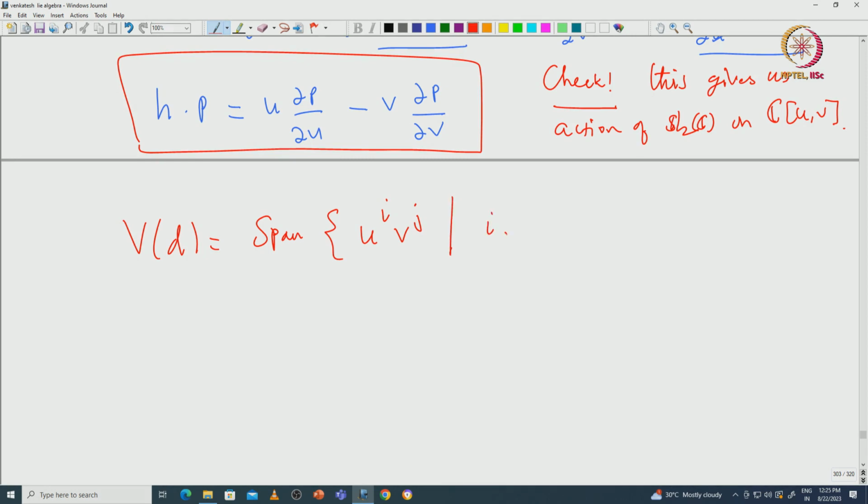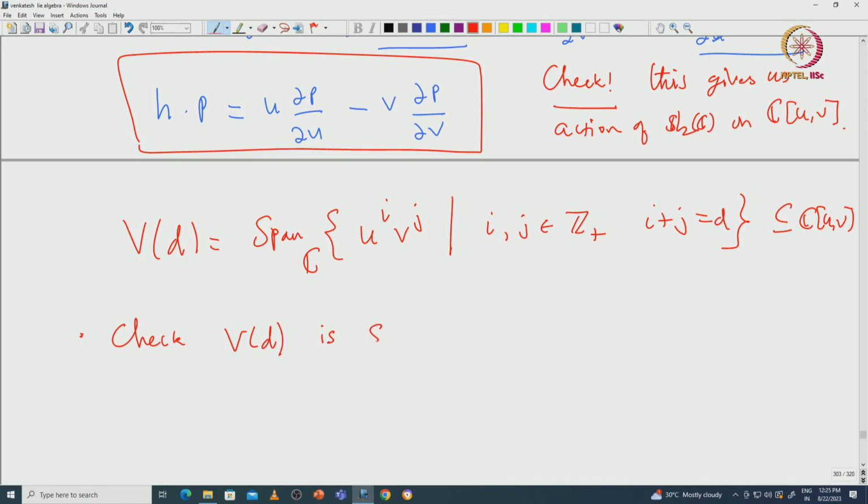So, these are those i, j in Z-plus such that i plus j equals d. So, you take this V_d inside your C[u,v]. Okay. So, then it is easy to check this V_d is indeed an SL2 submodule of C[u,v]. Okay. Again, check this V_d is an SL2C submodule of C[u,v].